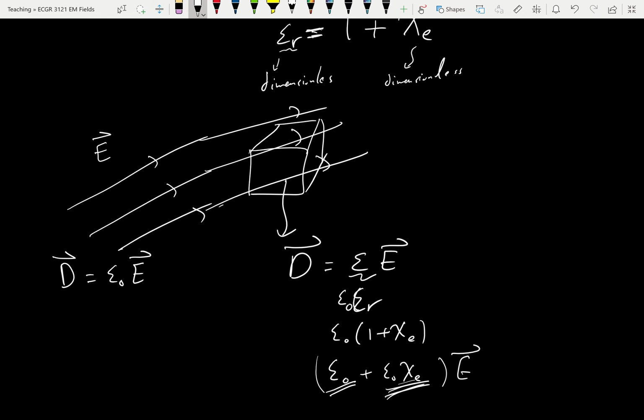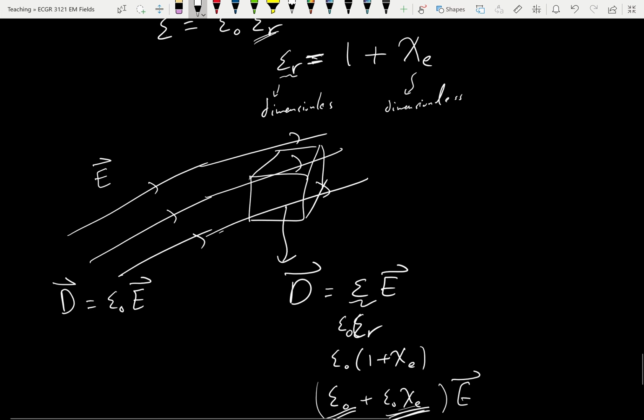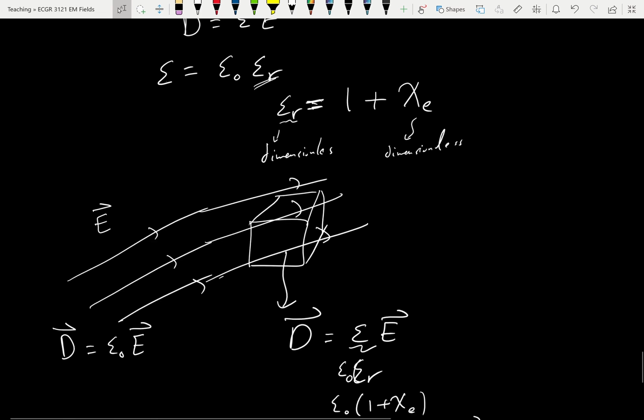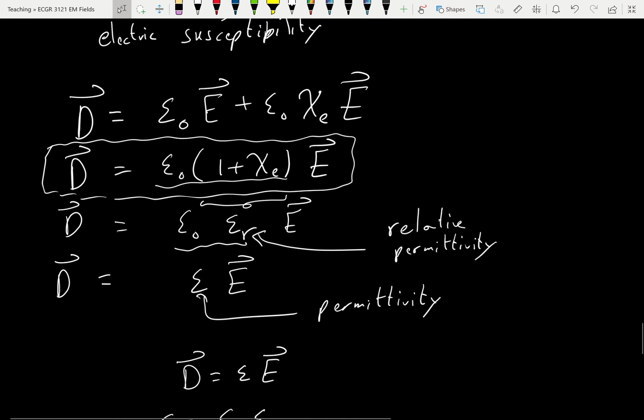That is described here in terms of how it relates to empty space, right? Z of 1 is a material that has a similar polarization to empty space, right? Z of 2, Z of 3 has 2 times, 3 times the polarization of empty space. Okay, so this covers it at this point.